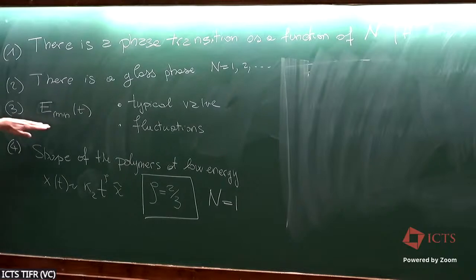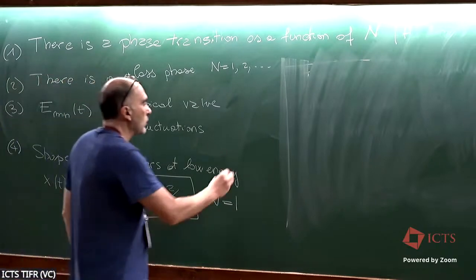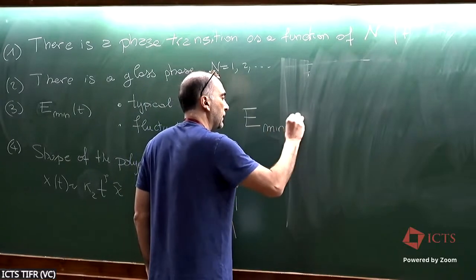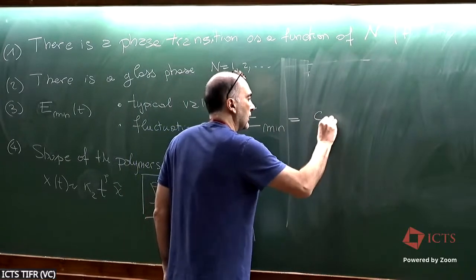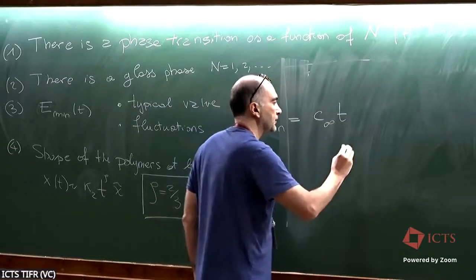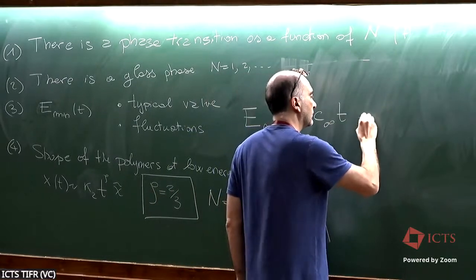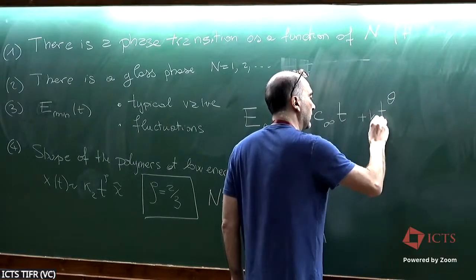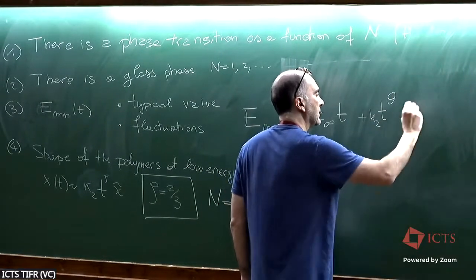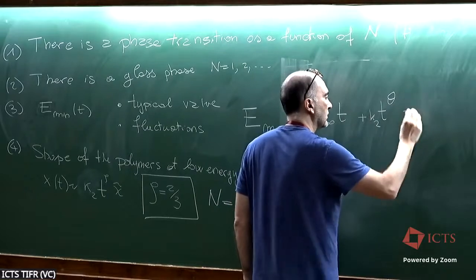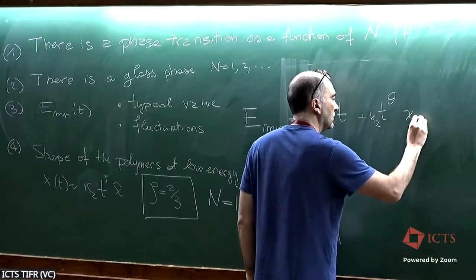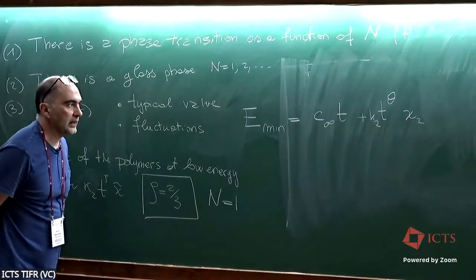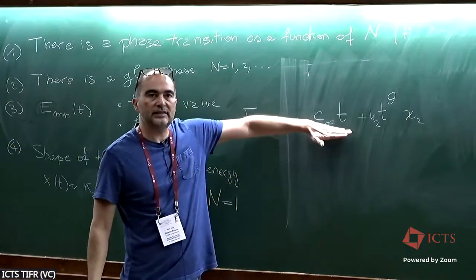And if you want to know what is the shape of E min, it is a random number of this form, there is an exponent theta, kappa 2, and then there is a second, I don't know how to call it, E2, I don't know, random variable, okay? So this is the deterministic part, okay?